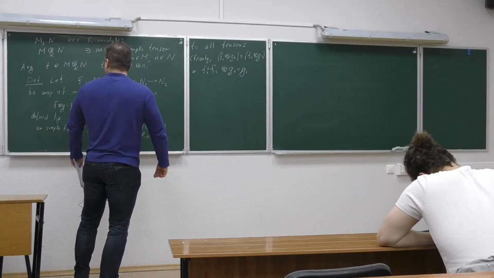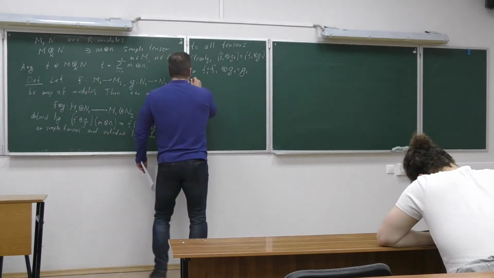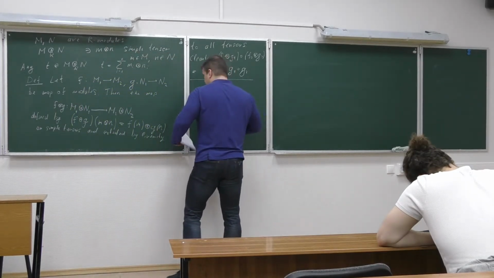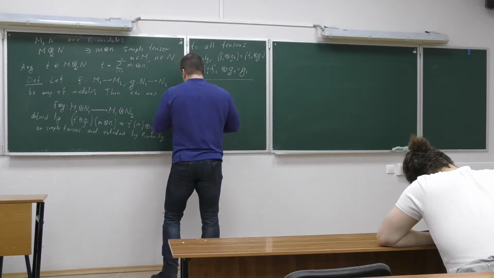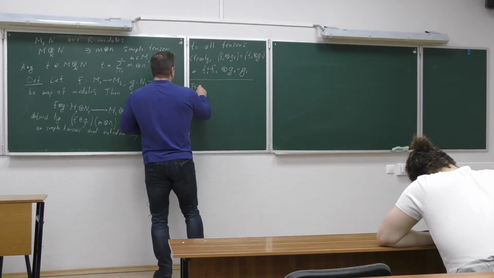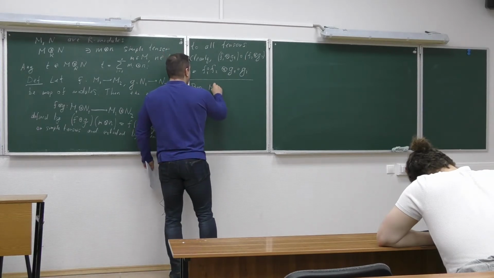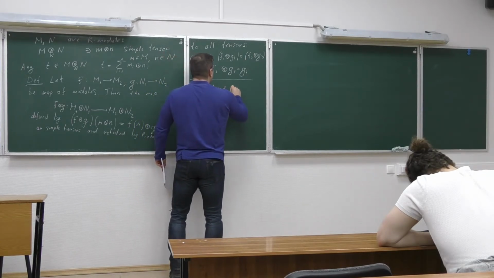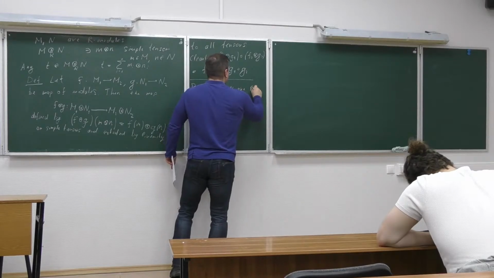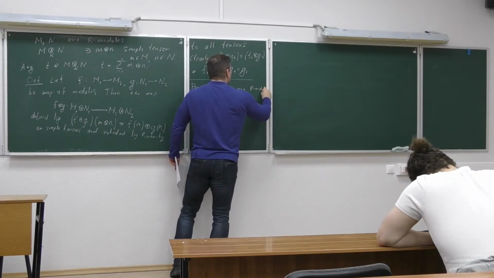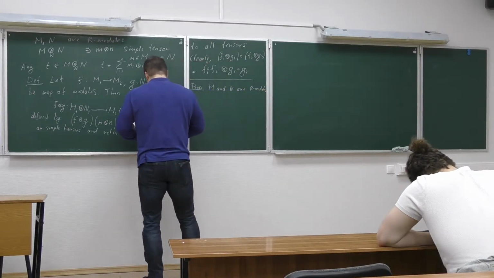Now let's discuss some very basic properties of the tensor product. There are several propositions, and the first proposition is the following commutativity property of the tensor product. Suppose M and N are R-modules.